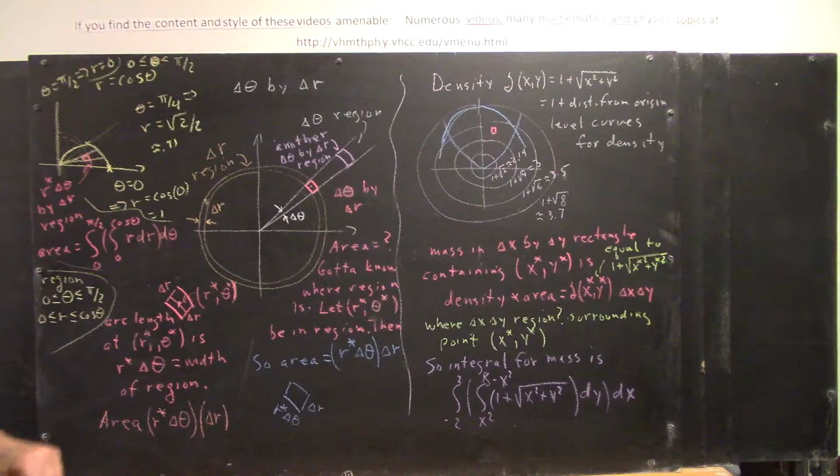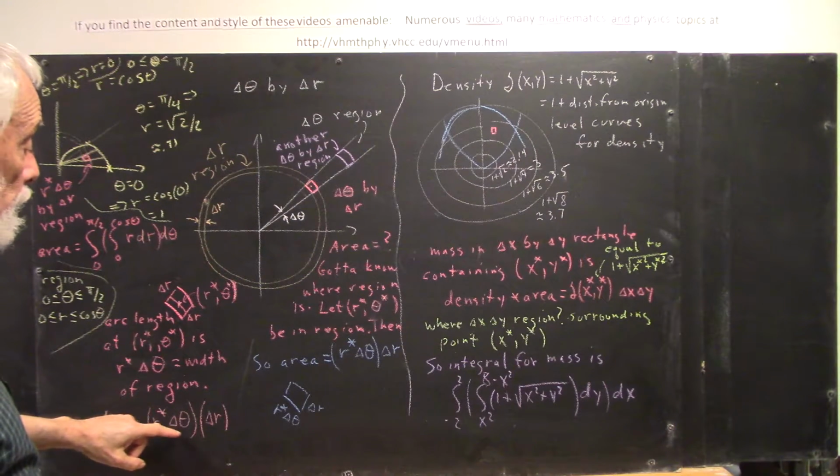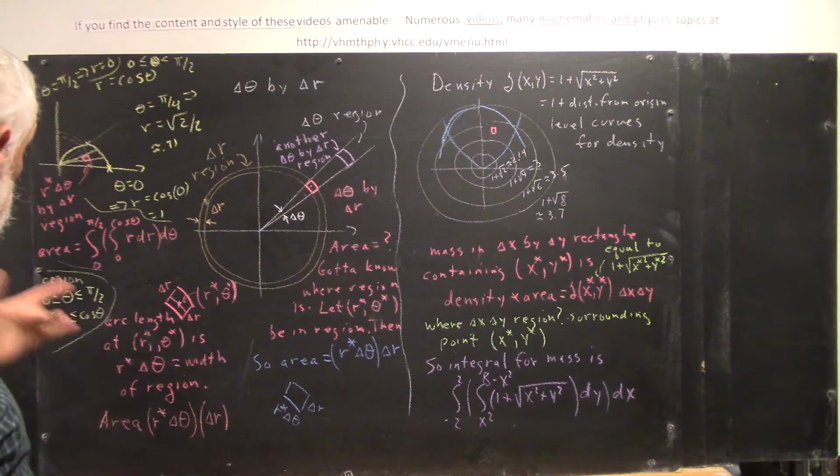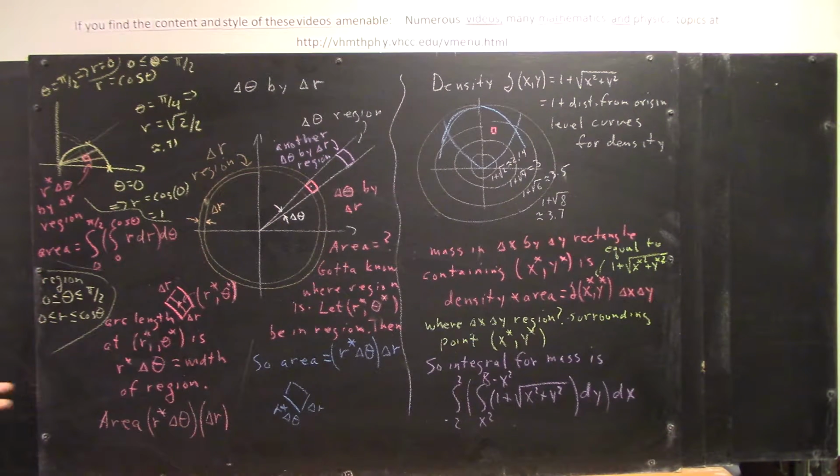So here's our integral. Our integral is just of the area. So we're summing up r star delta theta delta r's over this region, taking the limit, and that leads us to the integral, where theta goes from 0 to pi over 2, and r goes from 0 to cosine theta. So for every theta, we have r going from 0 to cosine theta.